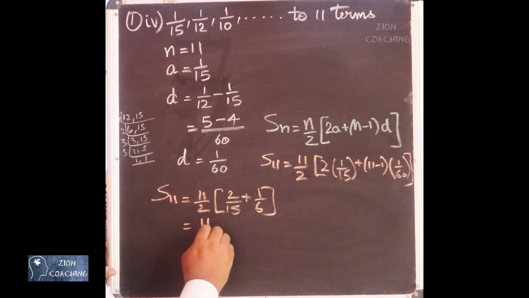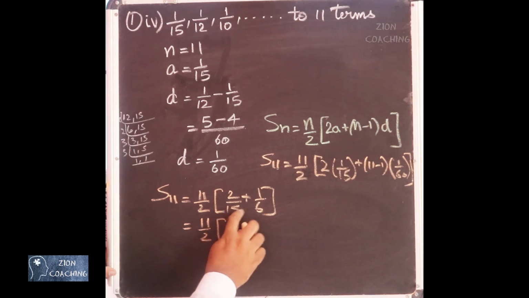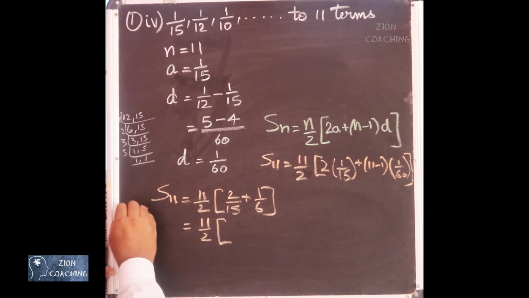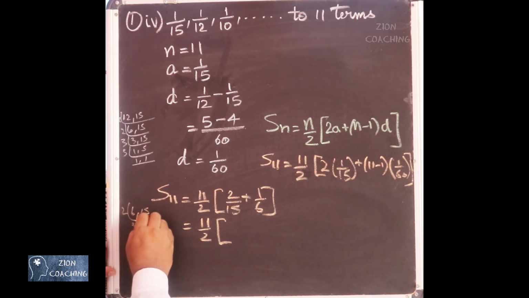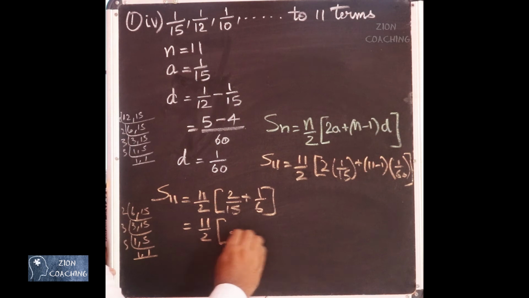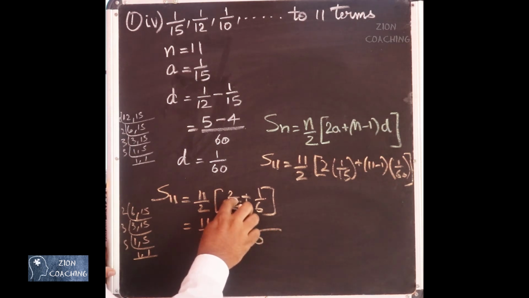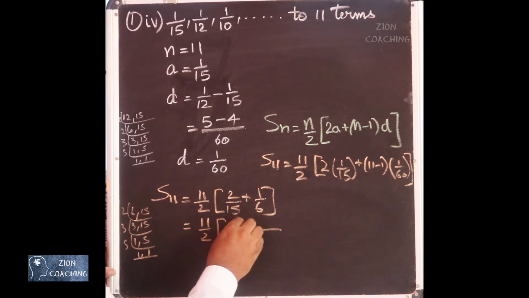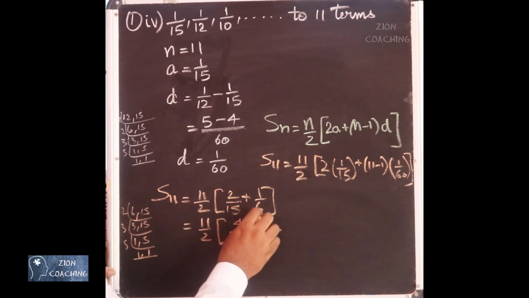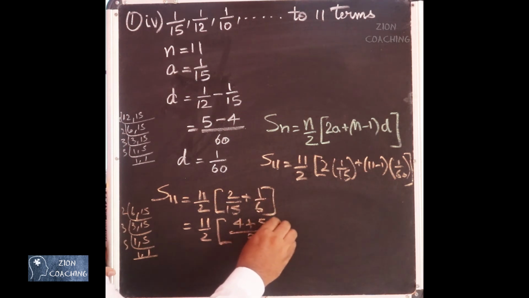We will have 11 by 2 into, then when you take LCM of 6 and 15, 2 times 3 comma 15, then 3 times it is 1 comma 5, then 5 times 1 comma 1, so the LCM is 30. 15 into 2 is 30, so multiply numerator by 2, then you will get 4. 6 5s are 30, so multiply the numerator by 5, so 1 into 5 is 5.